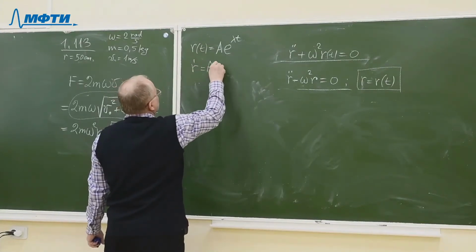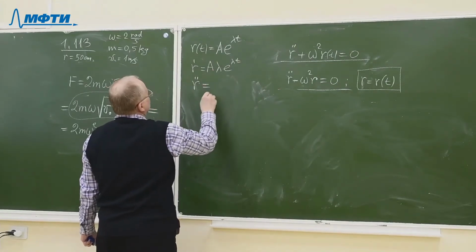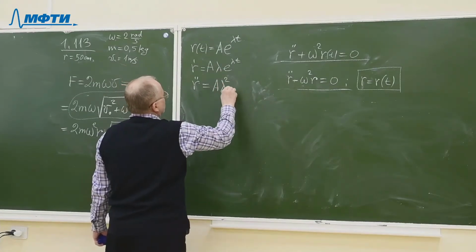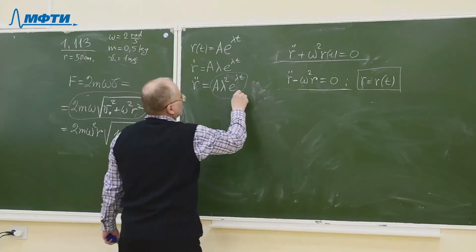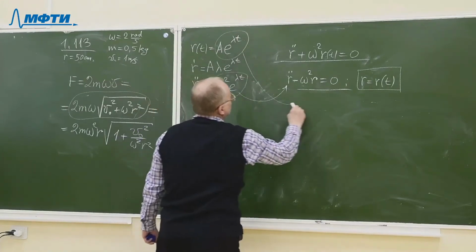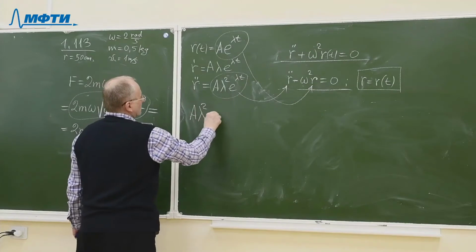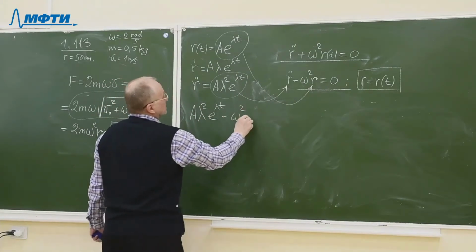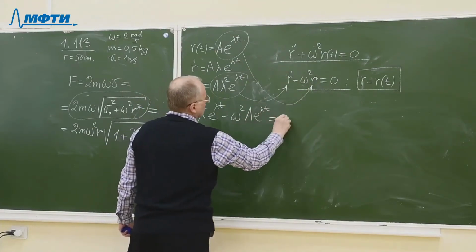That will be a lambda exponent lambda t. And we have to take the second derivative. We have to find r two dots, which will be a lambda squared exponent lambda t. The second derivative should be substituted for r two dots, and the function itself should be substituted for r. And then we obtain a lambda squared exponent lambda t minus omega squared, and for r I must take a exponent lambda t, equal to 0.